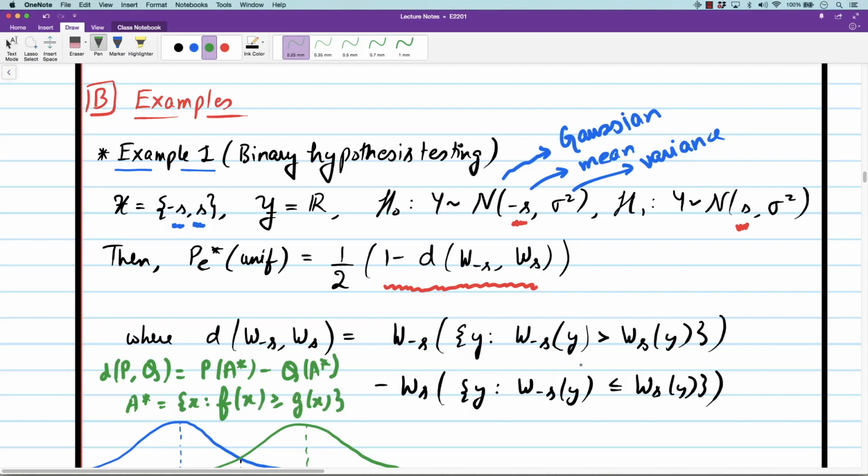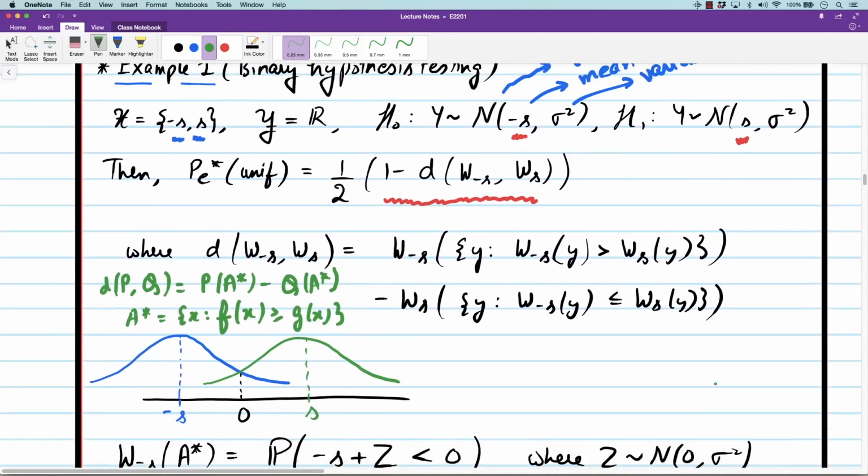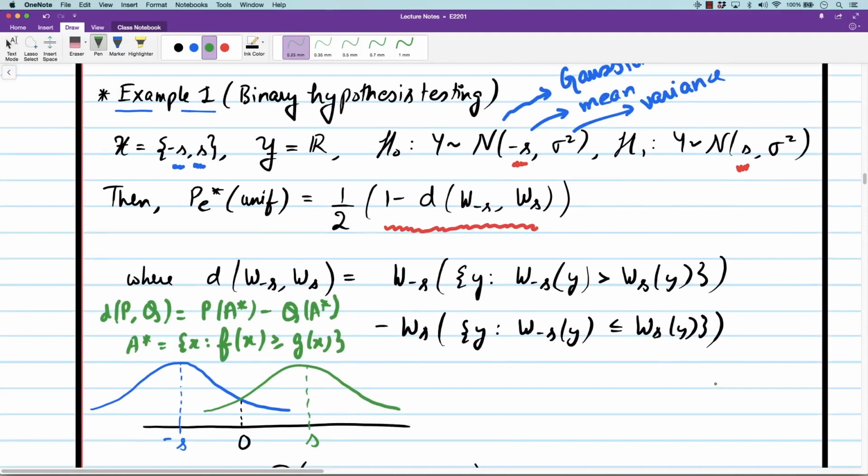Okay. So for this particular example, denoting by W, with some slight abuse of notation, W minus s denotes the density of y under hypothesis minus s, and W s the density of y under s. So this is P of A star minus Q of A star. Pictorially, you can see this set.